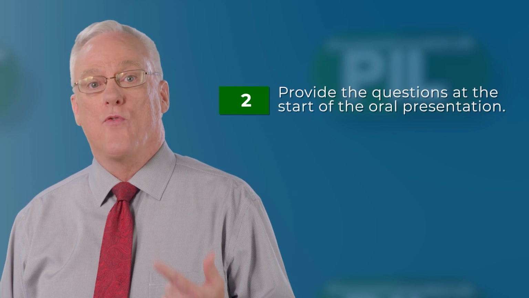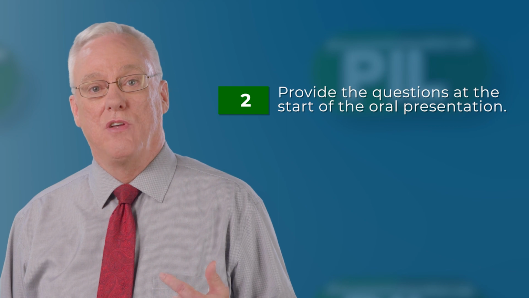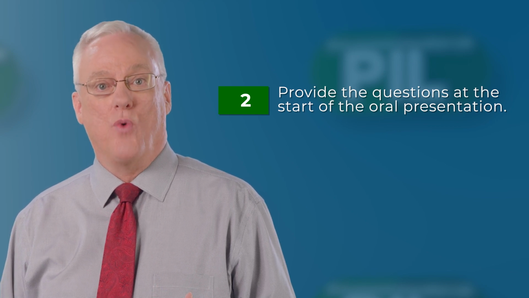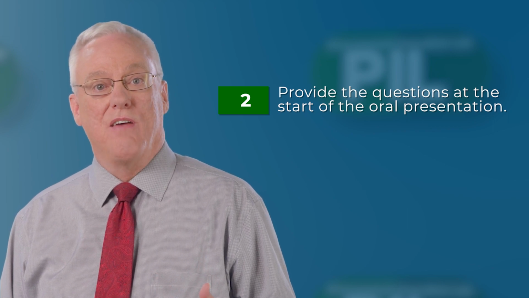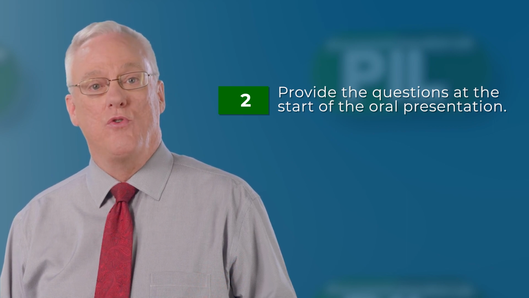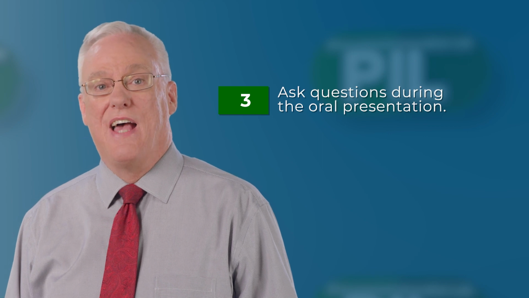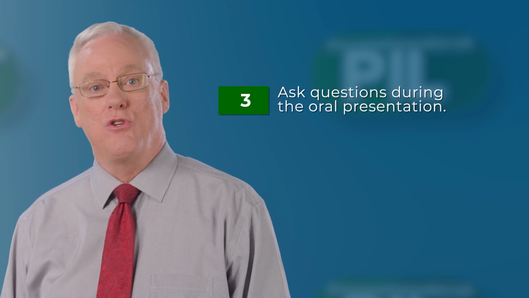Second, when the offeror shows up for its oral presentation, we give the team a list of questions and ask that they answer those questions. We can allow them a half hour or an hour to review those questions before the oral presentation begins. And third, we can interrupt an oral presentation already in progress and ask a standard question or two.